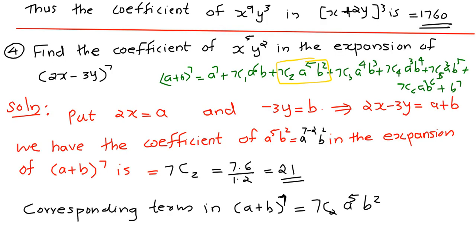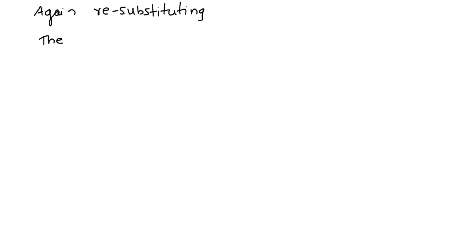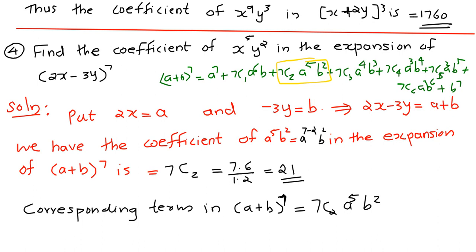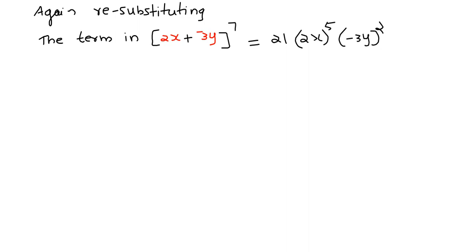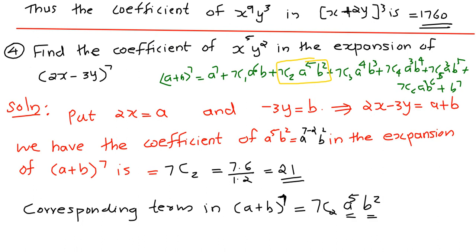The term in, a ക്ക് വരെ നമ്മൾ എന്ത് കൊടുത്തു? a ക്ക് വരെ ഇതിലാ റീസബ്സ്റ്റിറ്റ്യൂട്ട് ചെയ്യണം. a പ്ലസ് b, a ക്ക് പകരം 2x, b ക്ക് പകരം മൈനസ് 3y, (2x plus minus 3y) the whole raised to 7 is equal to 21 into (2x) raised to 5 into (minus 3y) raised to 2, അങ്ങനെയാണല്ലോ വരേണ്ടേ. ഇവിടെ a raised to 5 ഉം b square ഉം അല്ലേ. അപ്പോ a ന് പകരം 2x ഉം b ന് പകരം minus 3y.